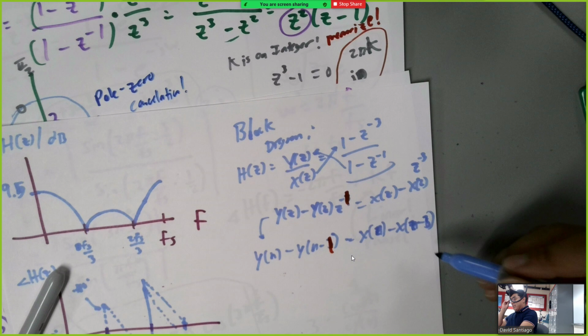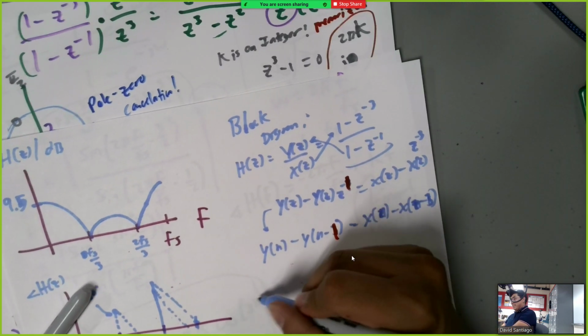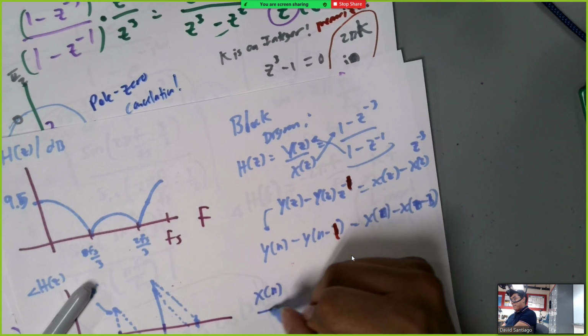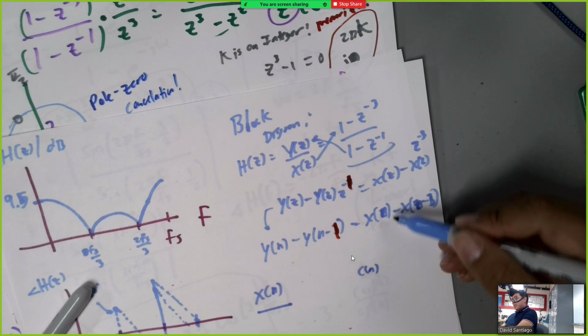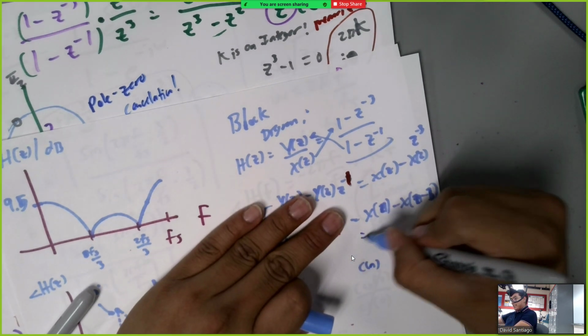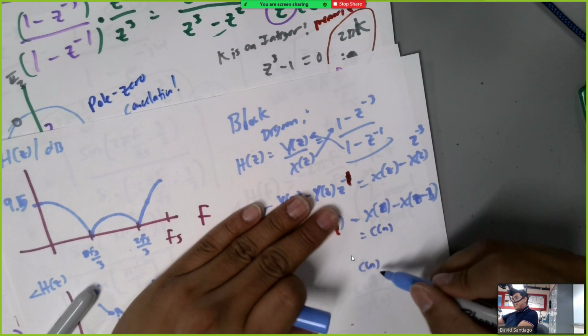And you know how to draw these delays, right? Easy, right? So what I'm going to show you is, if we were to draw a node C of n, here's x of n. If we were to model this into one node, what does C of n see?